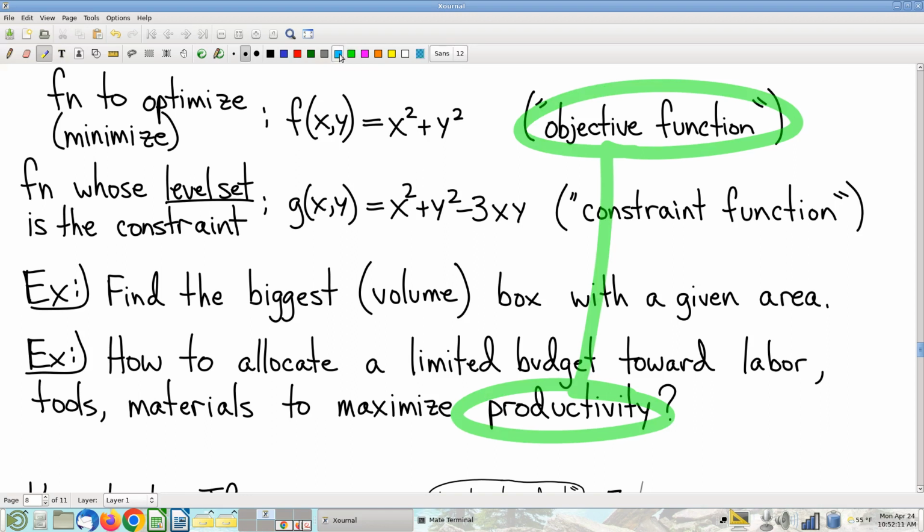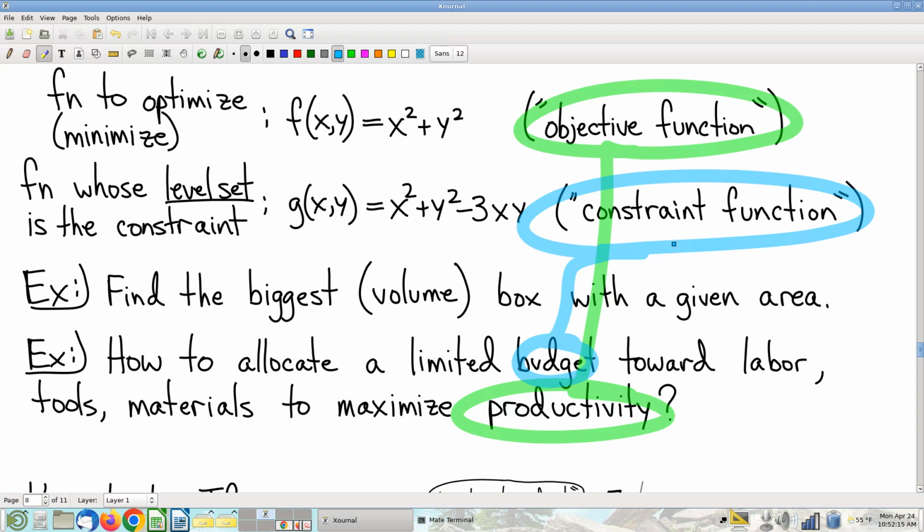And the constraint is the budget. I only have so many dollars that I can spend on labor or tools or materials. I can't just go out and spend $1 trillion. I just don't have that kind of money in the budget. So there is a constraint. I have X amount of dollars, and all of my expenses have to add up to that.